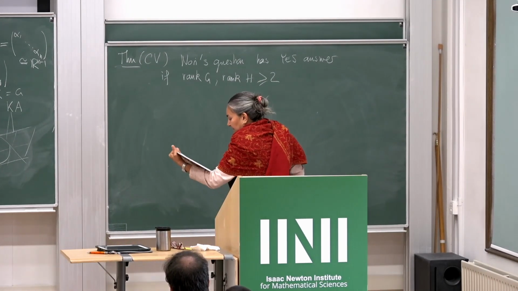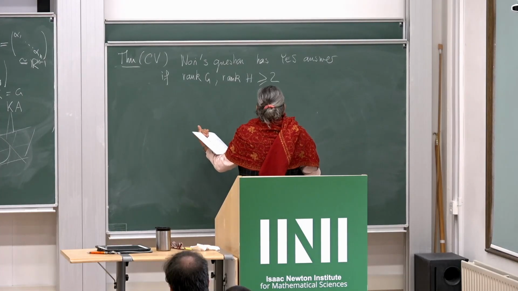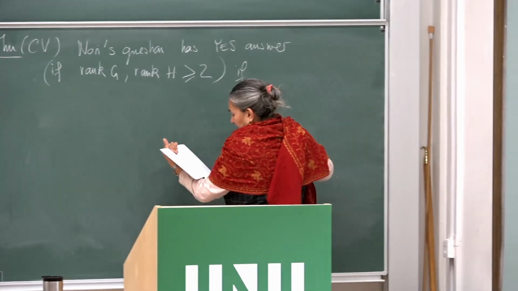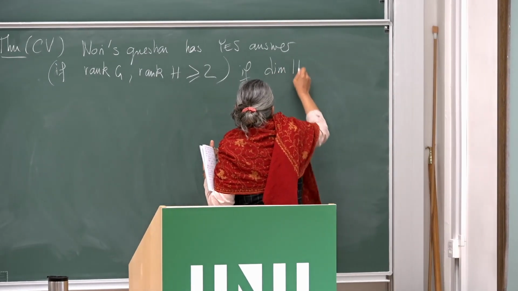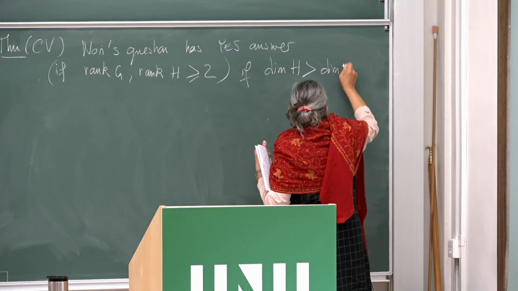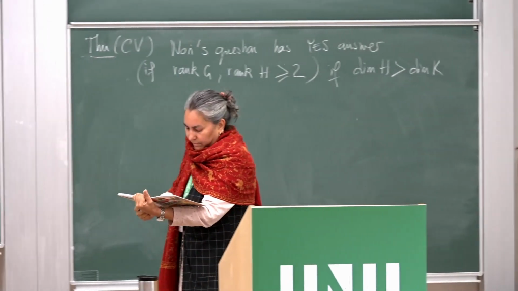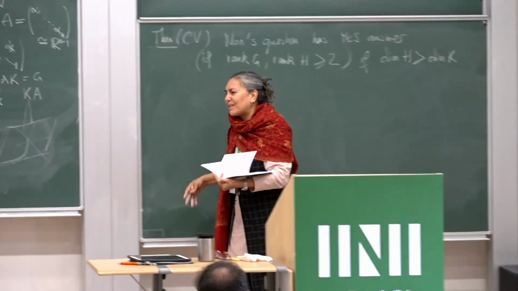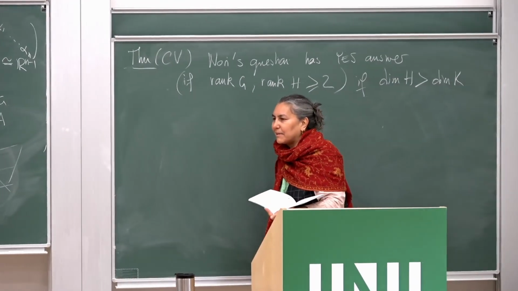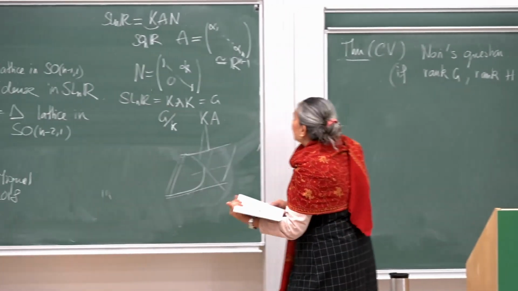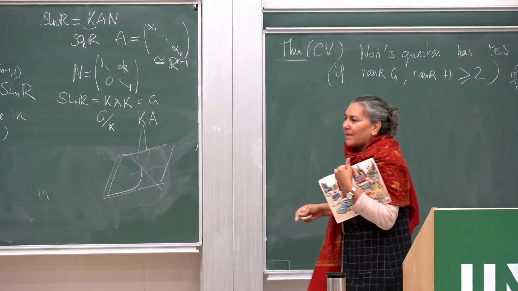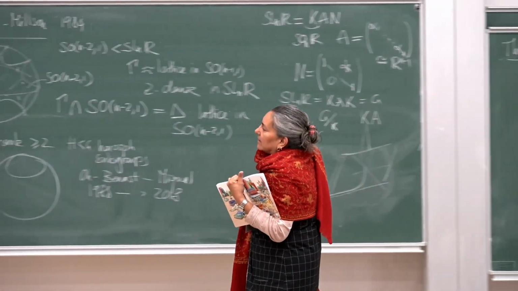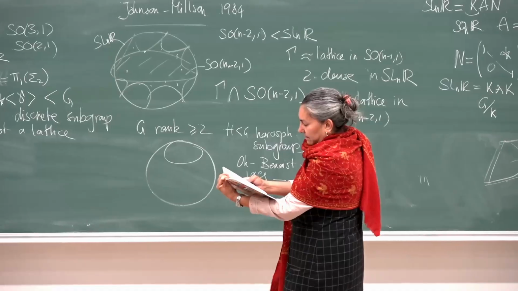I don't want to think about the semi-simple case. And in this case, if the dimension of H is greater than the dimension of K, in fact, we show yes answer if the dimension of K is not that big. K is the maximal compact for G. Right. Okay.